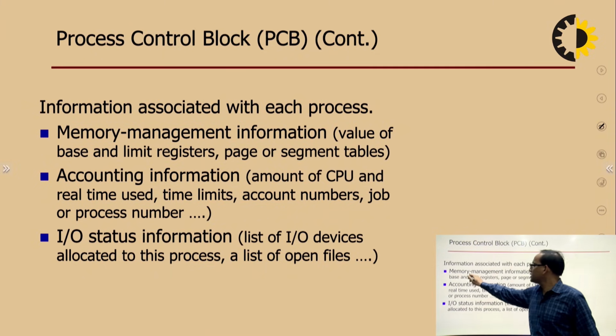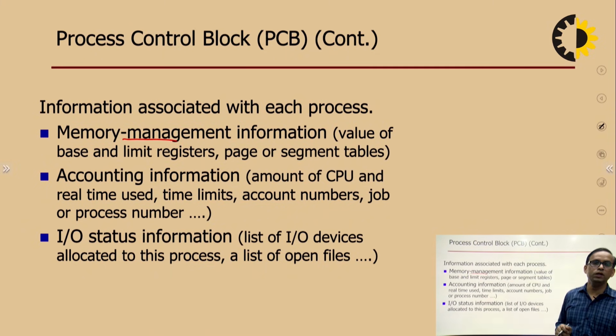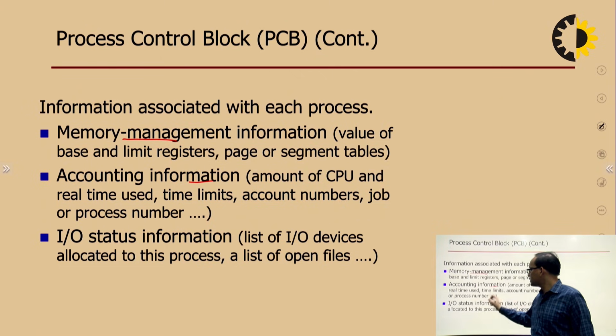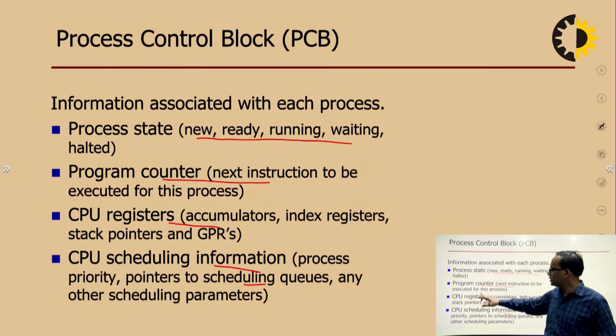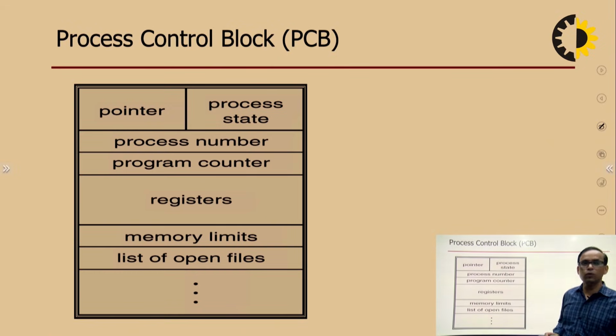Some other attributes are the memory management information. It means how much memory space is utilized by that particular process. Some accounting information, and some input output status information. It means which input output devices are allocated to that particular process. So all this information related to input output, accounting, memory management, CPU scheduling, CPU registers, program counter, and process state will be stored in the process control block.